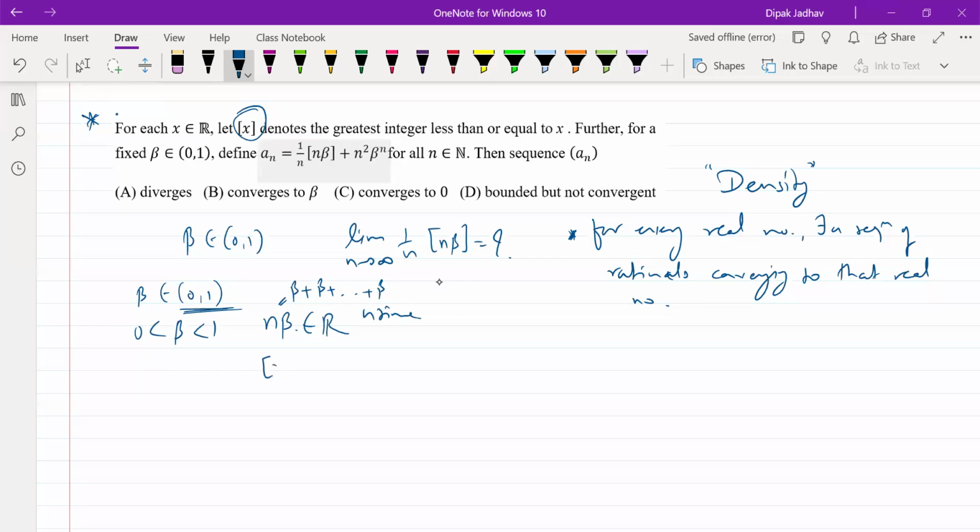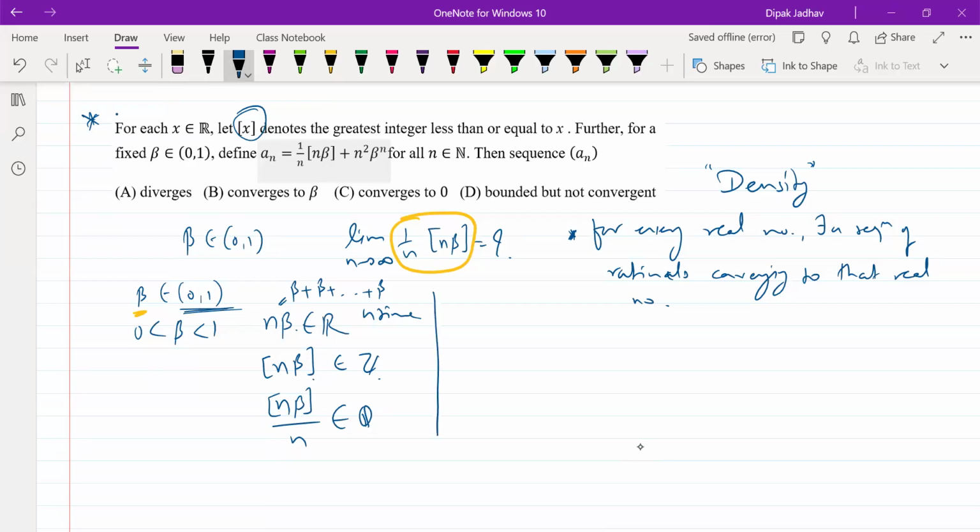But nevertheless, the integer part of n times beta is an integer, because it is the greatest integer not greater than n times beta. And then you are dividing by n, so that belongs to the set of rationals. Though beta is a real number, the integer part of n beta upon n is a rational number.